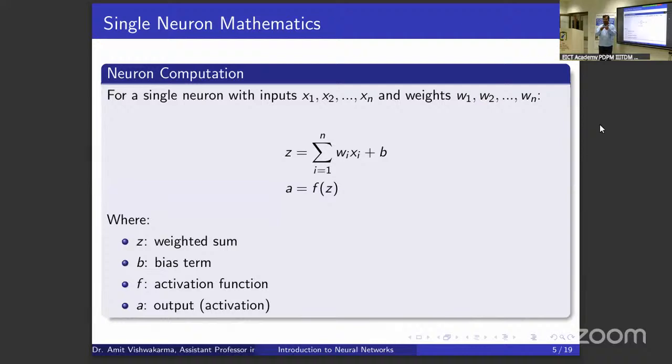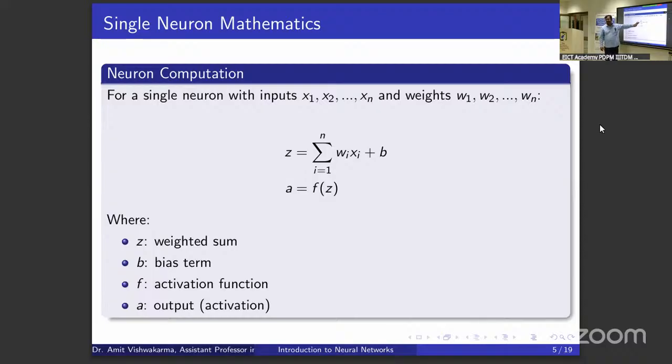If we plot this with x-axis and y-axis, then m will be the slope and c will be, we can say, the bias. A similar thing is also here. If you see carefully, this also looks like the equation y equals mx plus c.